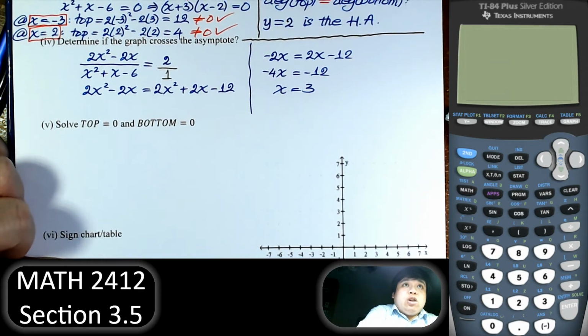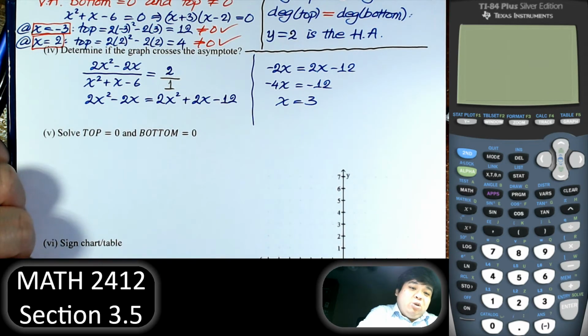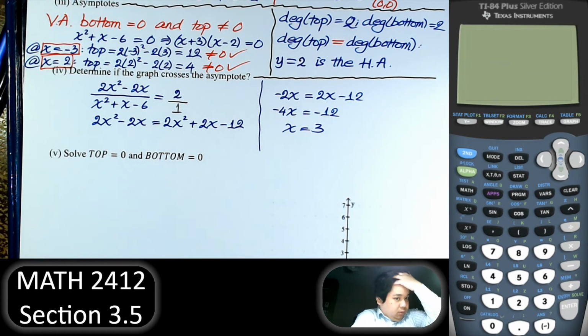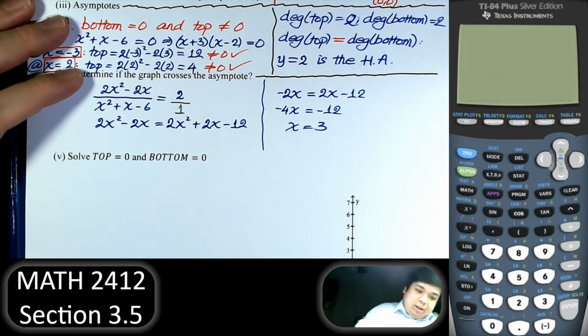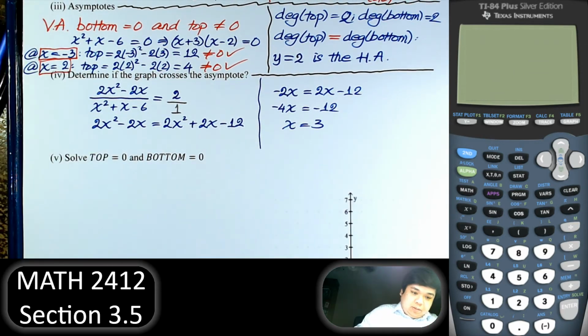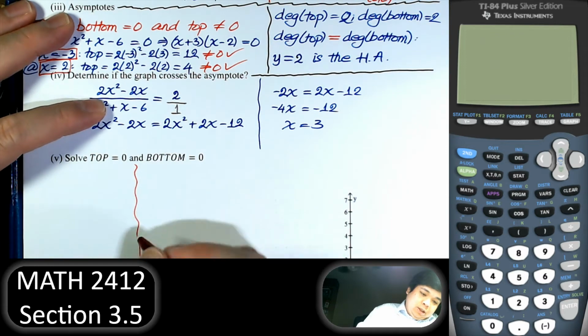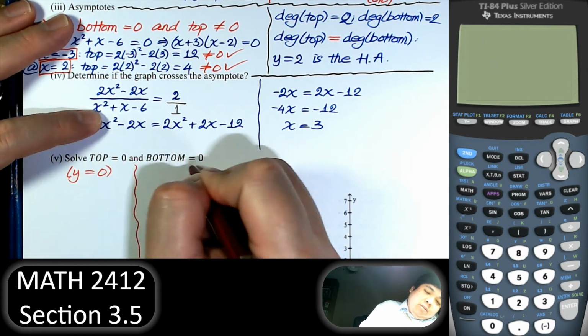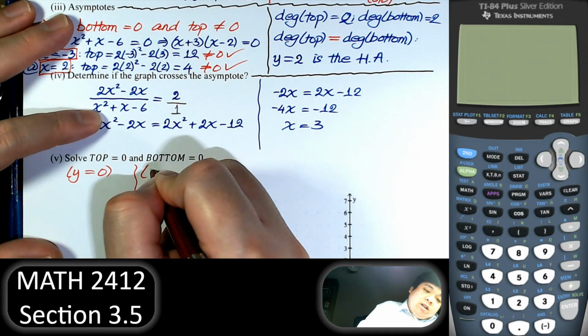Next, we solve for the top equal to 0 and the bottom equal to 0 to get the sign chart. Top equal to 0 gives y equal to 0; bottom equal to 0, the function is undefined.